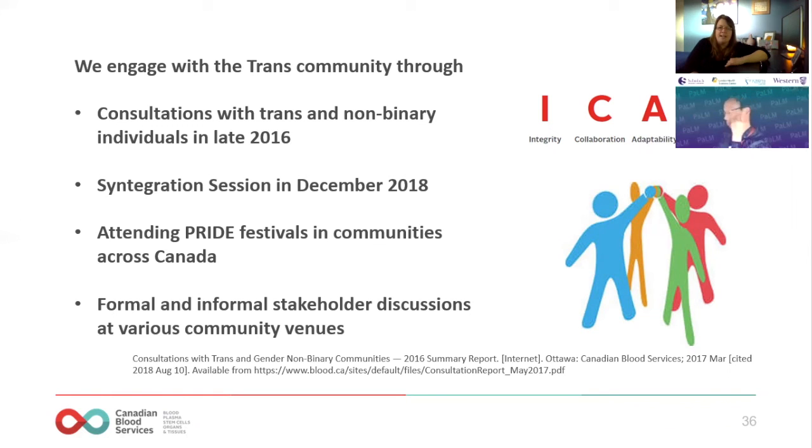And we aim to really have open discussions at these events and answer questions from the community. And we hold many formal and informal stakeholder discussions at various community venues, universities and colleges, where we engage with the trans community. And probably the most exciting thing that I think is happening on the horizon is that there are 2 new studies that were recently funded through the Health Canada MScN research grant programs that are really aimed at understanding specifically how we can improve donation experiences of trans people.